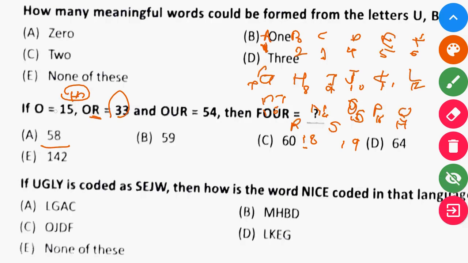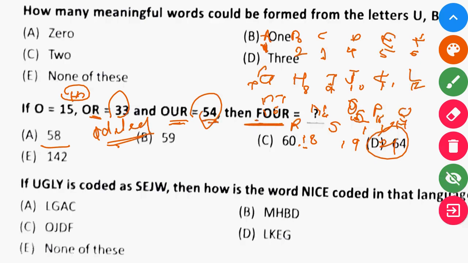So here the pattern is that the position of the letters is added. You can check OUR also. O is at the 15th position, U is at the 21st position and R is at the 18th position. If we add them together, the total will be 54.